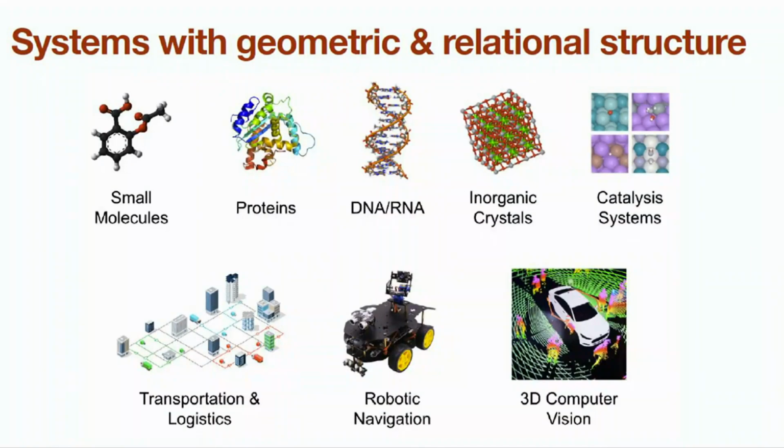A lot of real-world structures, actually not just structures but a lot of relational data, are geometric graphs. Last time we mentioned this a little, but here are more examples: small molecules, polymers like proteins and DNA, and inorganic crystals in material science, where you have a small repetitive unit with periodicity.